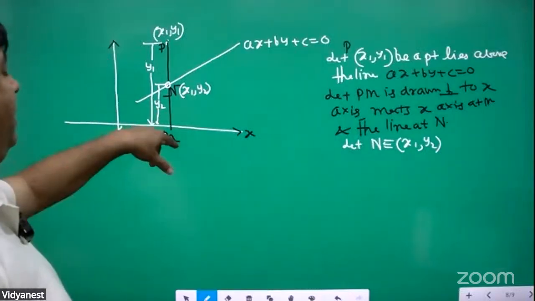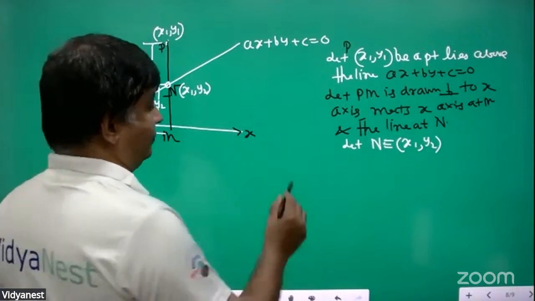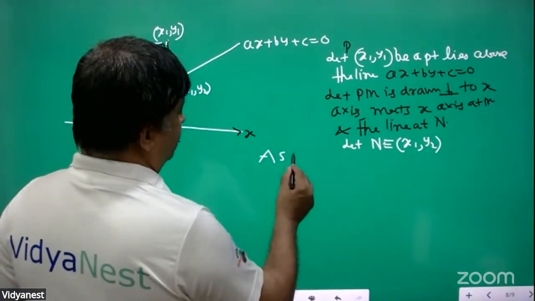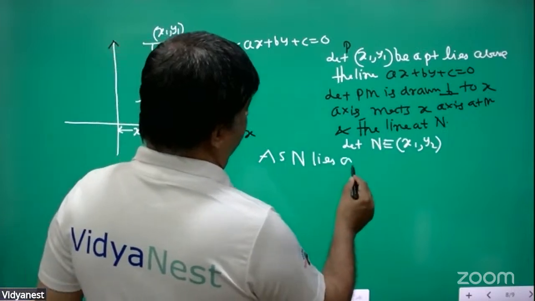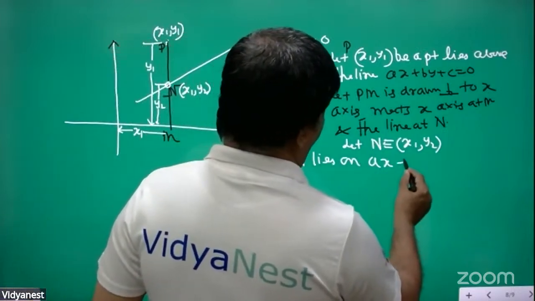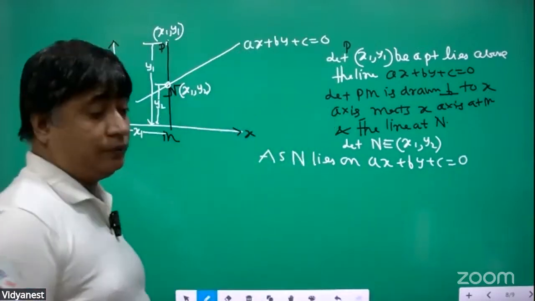What is observed here? N lies on ax plus by plus c is equal to 0.